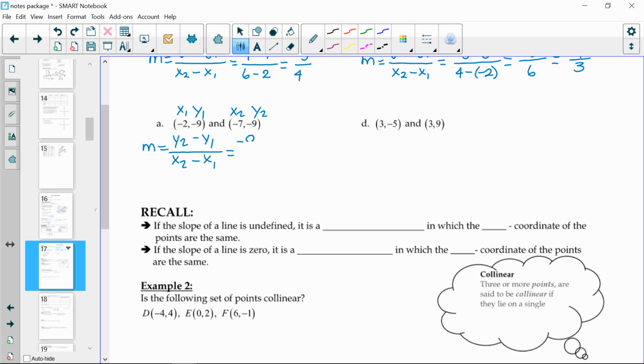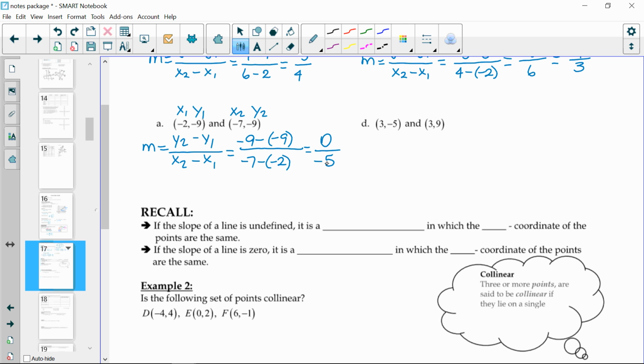So I'm going to put -9 take away -9 over -7 take away -2. So I've got -9 take away a -9, which is going to give me 0, not -18, people. Then I've got -7 take away a -2, which gives me -5.